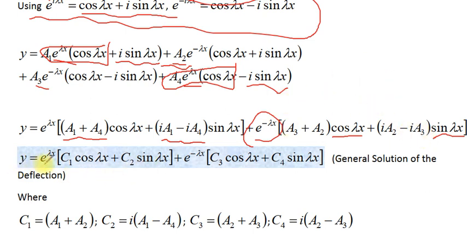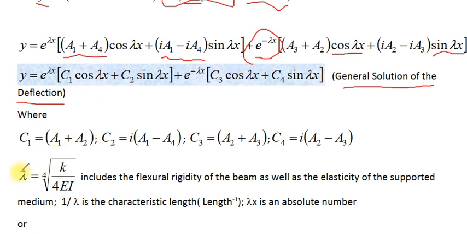We get the following equation: e to the lambda x (c1 cosine lambda x plus c2 sine lambda x) plus e to the minus lambda x (c3 cosine lambda x plus c4 sine lambda x). This equation is the general solution of the deflection of a beam on an elastic foundation.